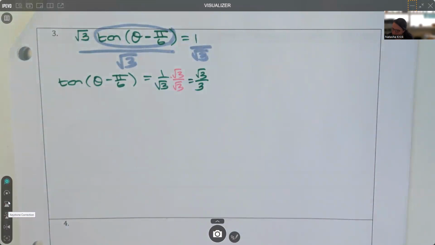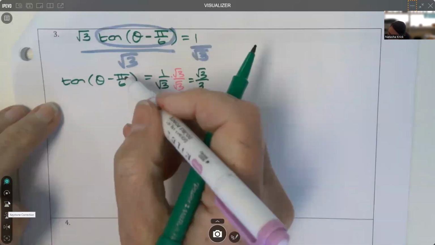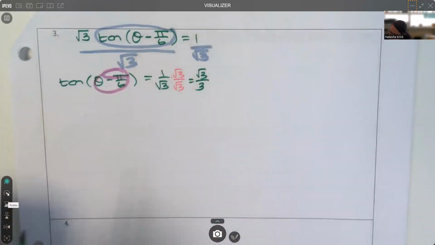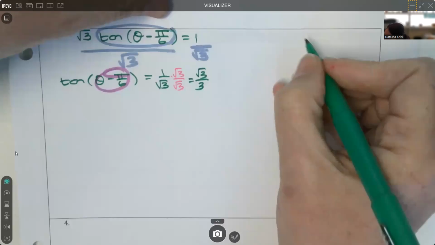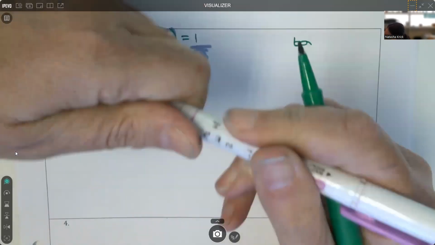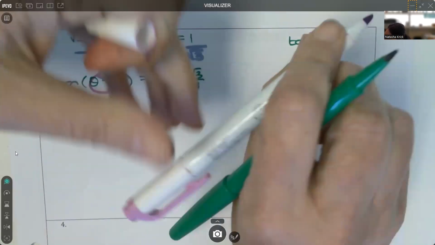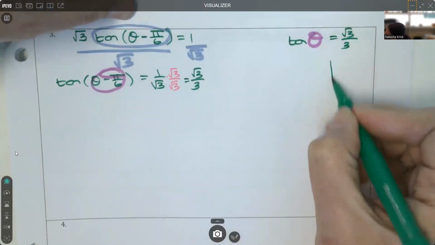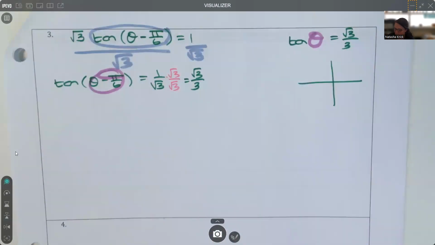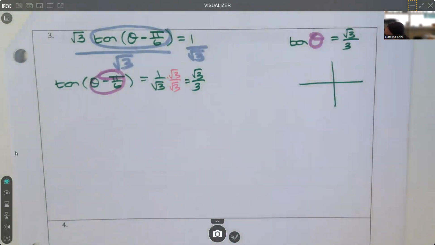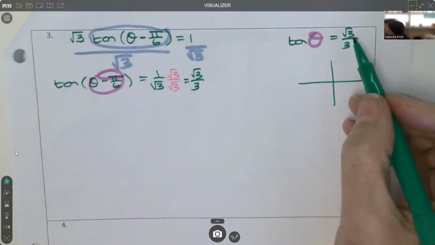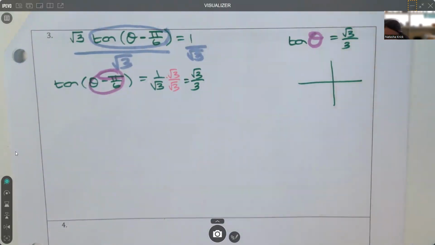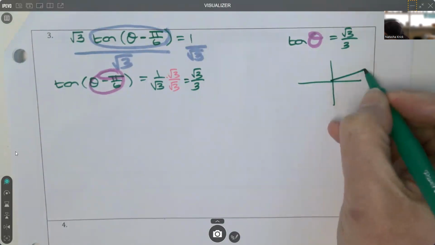And then we want to think again, what if this was just a theta? What if I had tangent of theta equals root 3 over 3? What would that be? If the tangent's positive, we're going to be in the first and the third quadrant. Since it's root 3 over 3, the inverse of root 3 over 3 is pi over 6.